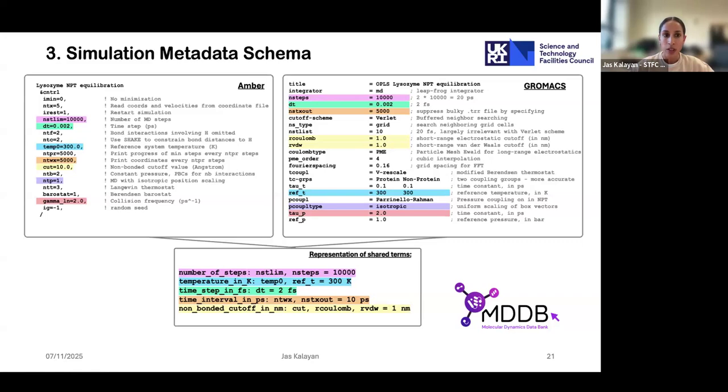So one thing that we are keen to do is to have a representation of shared terms across various molecular dynamics engines. And we're working closely with colleagues at the Molecular Dynamics Data Bank to try and have a metadata schema that can be used across many different data repositories, so that when we are searching for simulation data, we are all using the same language.